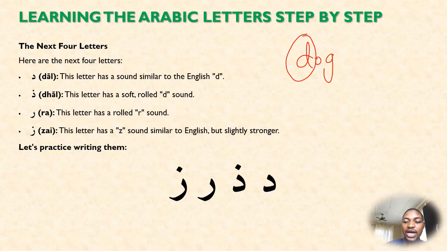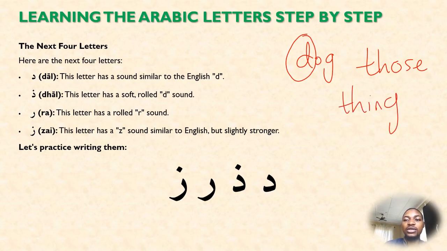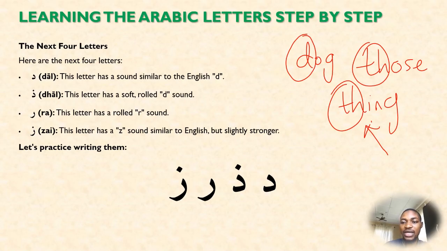So for instance, when we have those, this is different from something like thing. The TH here is different from the TH in the other one. In thing, that's what we have in the case of Tha in the Arabic language, right?